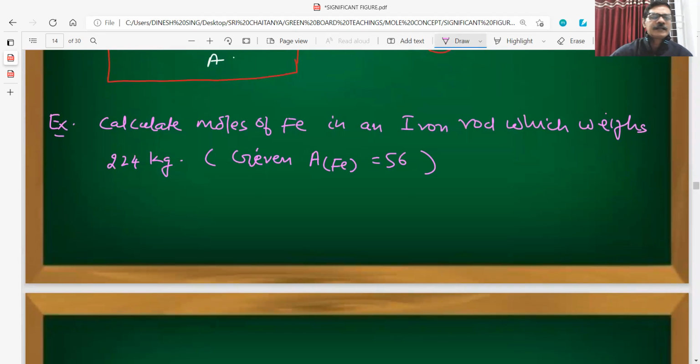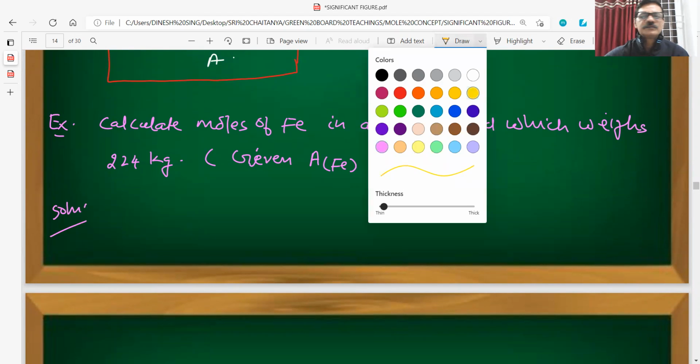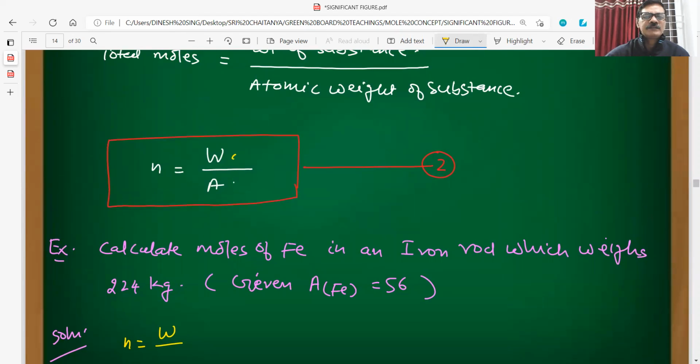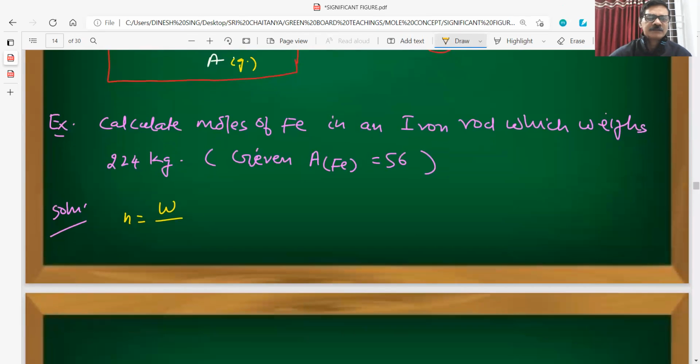Now we can directly apply the formula, n equals W by A. Weight will always be considered in gram, and this is also in gram per mole, the gram atomic mass.